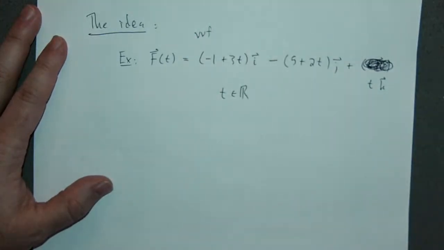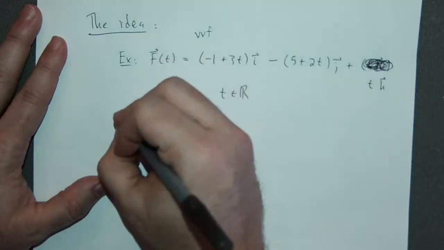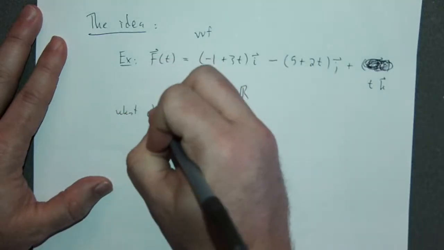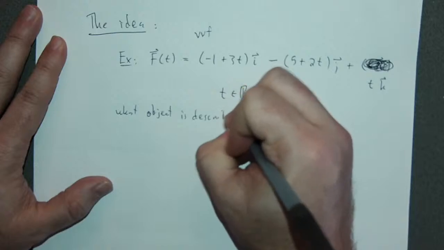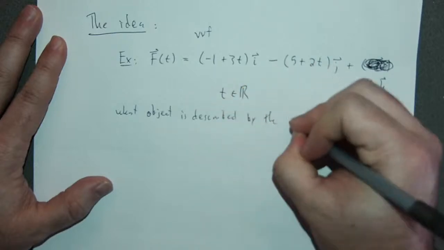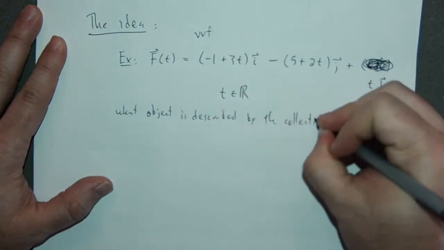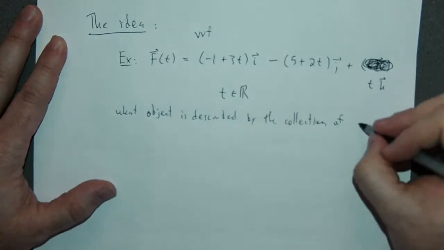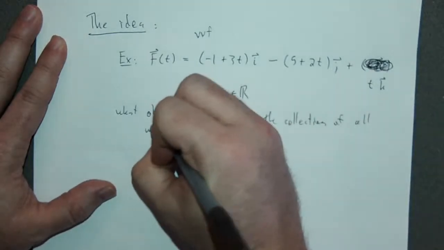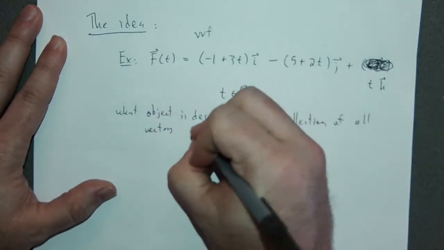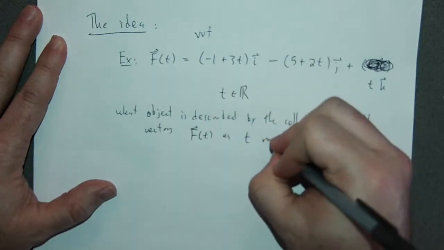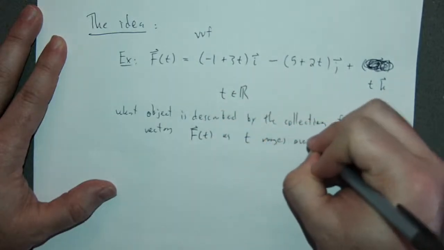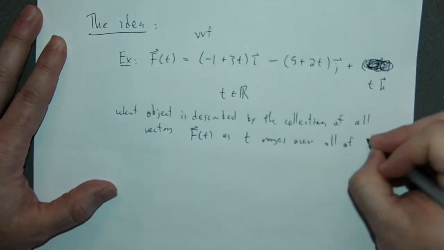What does this describe though? What object is described by the collection or set of all vectors big F of t as t ranges over all of R?